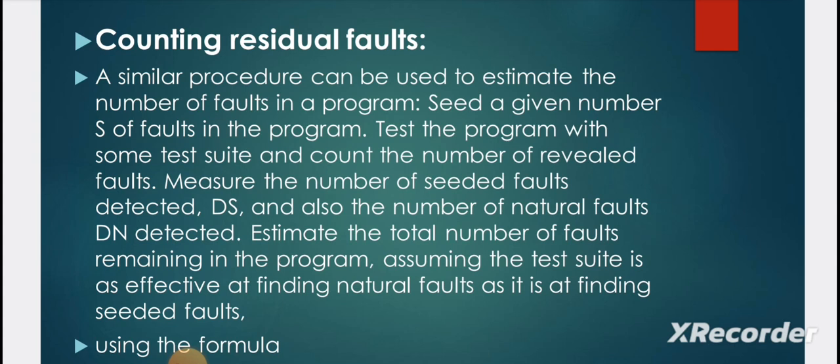Test the program with some test suites and count the number of revealed faults. Measure the number of seeded faults detected as DS and also the number of natural faults detected as DN. Estimate the total number of faults remaining in the program. Assume the test suite is as effective at finding natural faults as it is at finding the seeded faults.